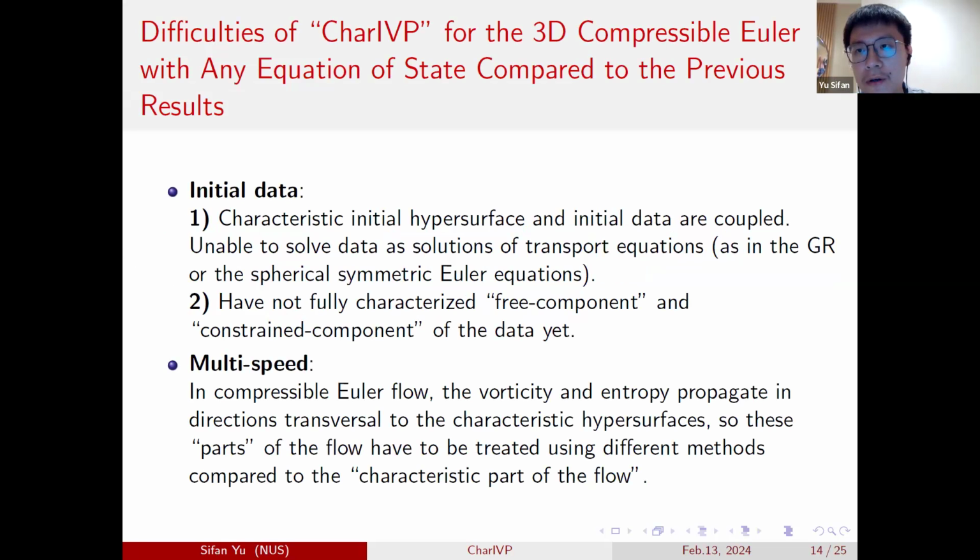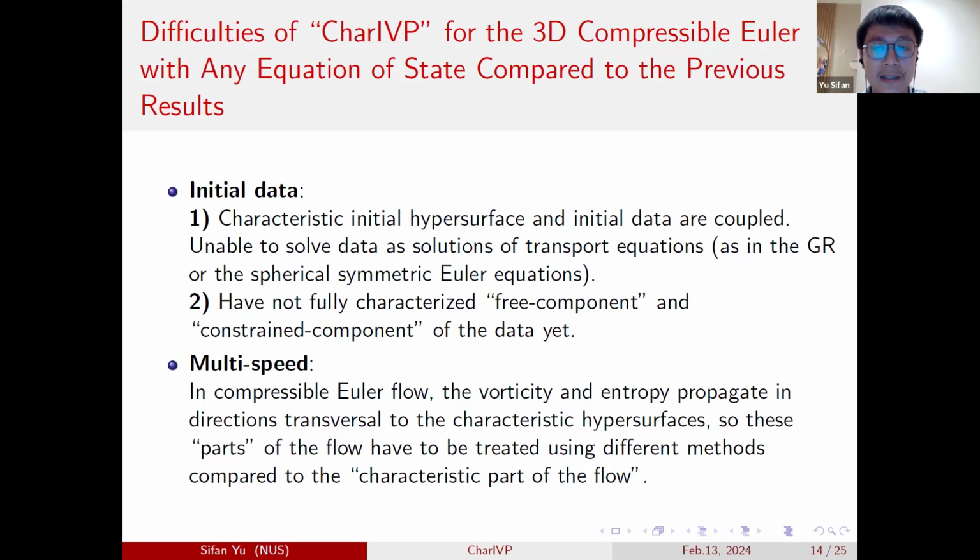So the difficulties of the characteristic IVP in 3D mainly consist of the following two aspects. The first one is that it's really hard to construct initial data. First of all, initial data and the initial hypersurfaces are deeply coupled, and we are unable to solve for data as solutions of transport equations.